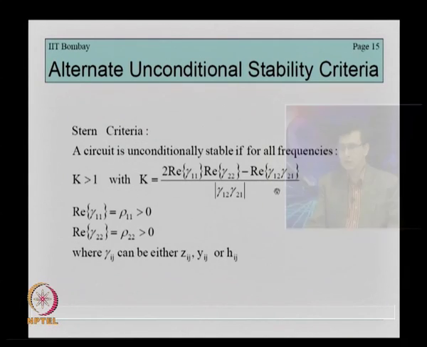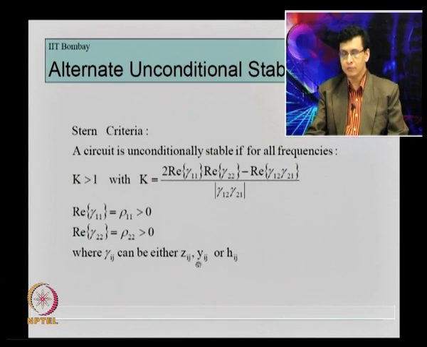An alternate stability criterion is given like this. Here K is defined by this term, where these gammas could be any one of Z parameters or admittance parameters or hybrid parameters. We have not covered hybrid parameters, but for now you can take it that this gamma represents the Z and Y parameters.